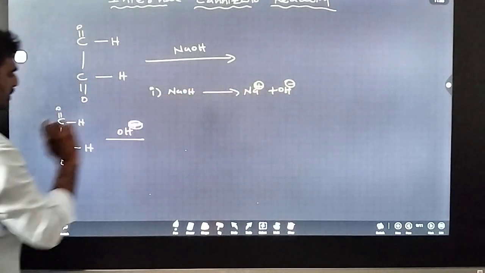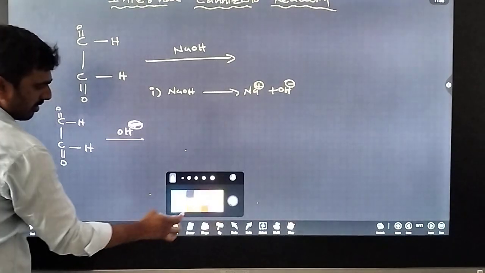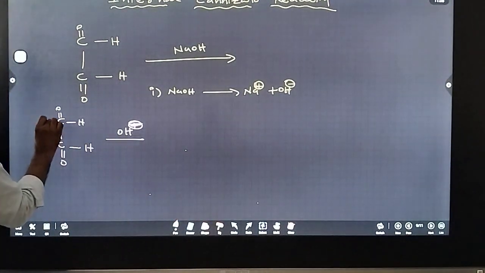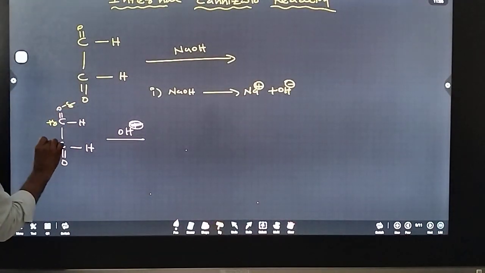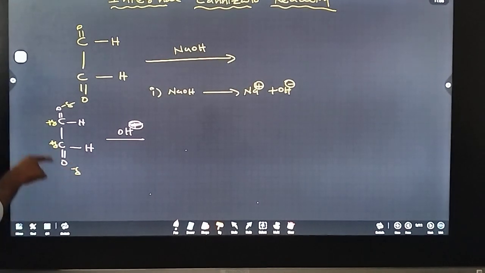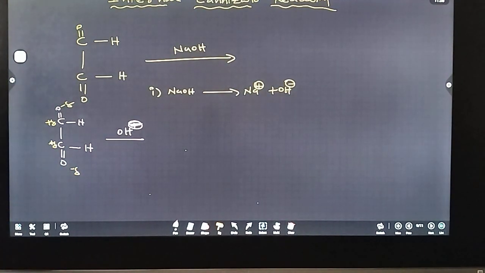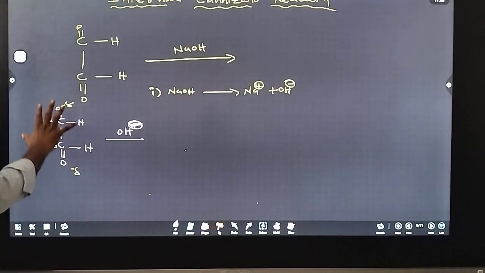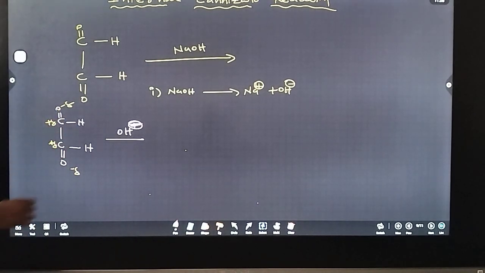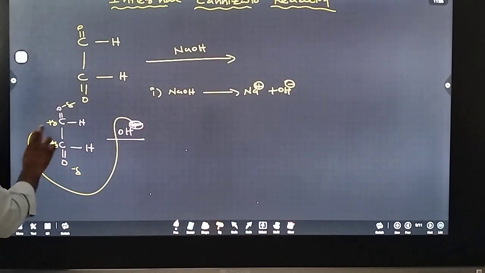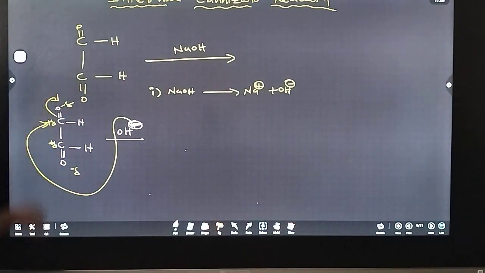Here the nucleophile OH- attacks, either here. Partial negative, partial positive on both. Because oxygen is more electronegative, oxygen is partial negative and carbon is partial positive, both are the same. So the nucleophile attacks at any position, and then electron displacement is towards oxygen.